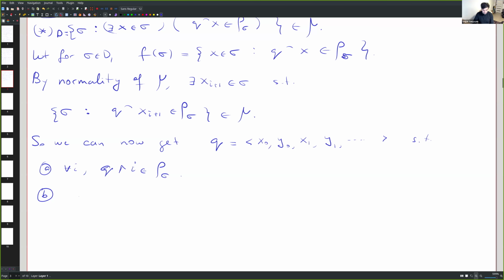So the yi are in tau. yi is less than yi plus 1, and xi is in the range of yi.